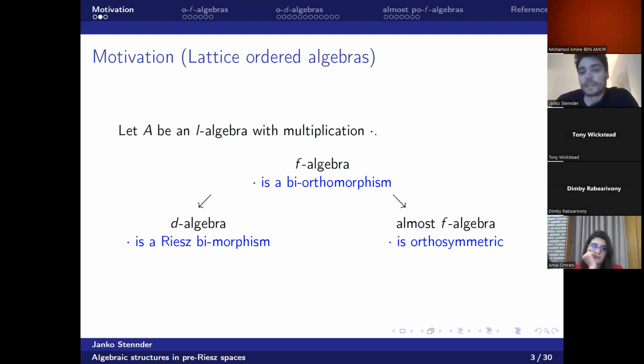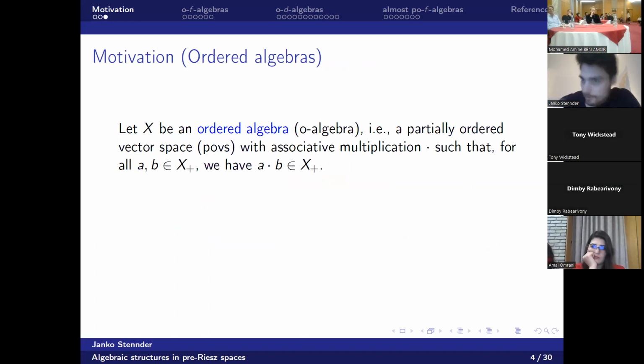And I mean, there are not going to be a lot of surprising results in my talk now, but I will show that even in the case of partially ordered vector spaces, a lot of results we know from the theory of f-algebras, d-algebras or almost f-algebras can still be true in partially ordered vector spaces. I want to begin by defining those kinds of algebras.